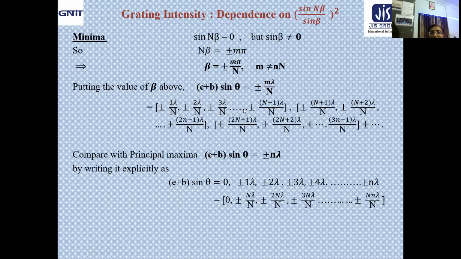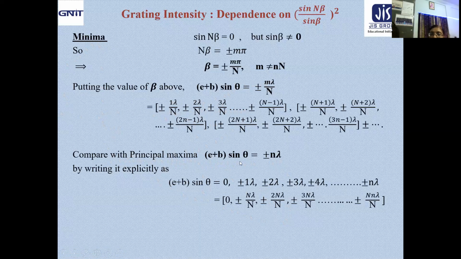So to get an idea about it, let us compare the expression with the principal maxima expression, that is e plus b sine theta equal to plus minus n lambda. Now why am I talking about the comparison with principal maxima? Because you know the minima are located between the consecutive principal maxima.